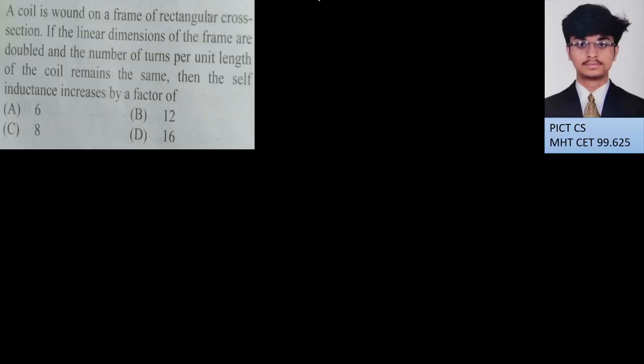Alright, so you guys might be knowing E is equal to L di by dt, right? But from this equation we cannot comment how L is related to number of turns per unit length and other dimensions.